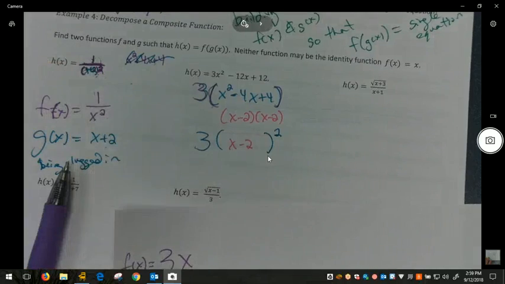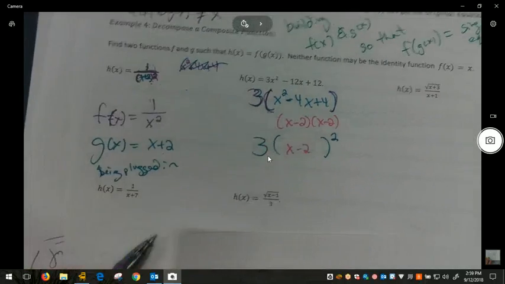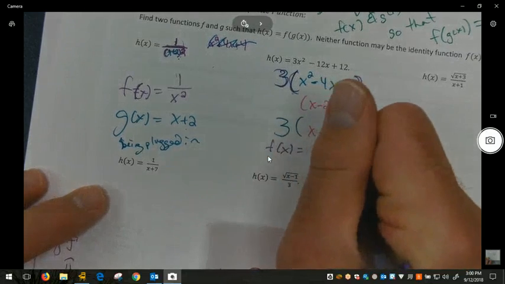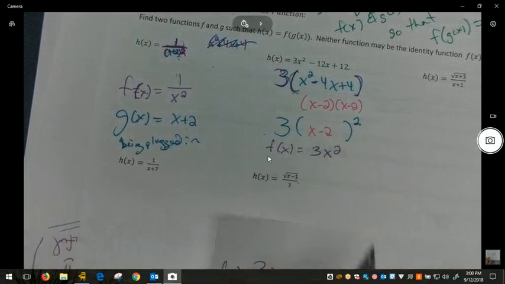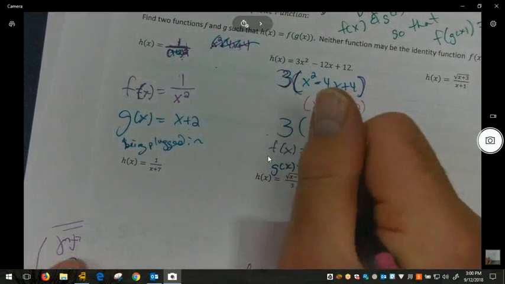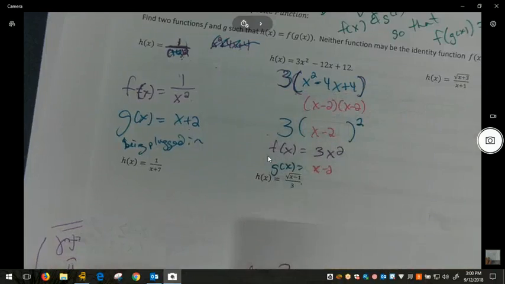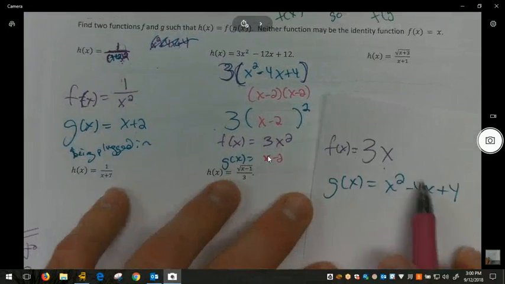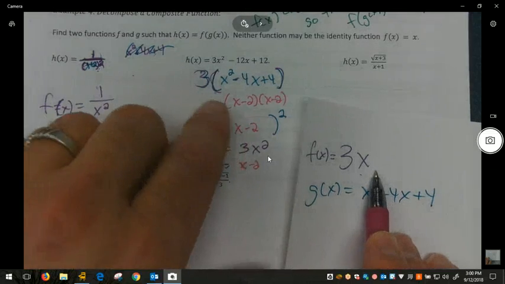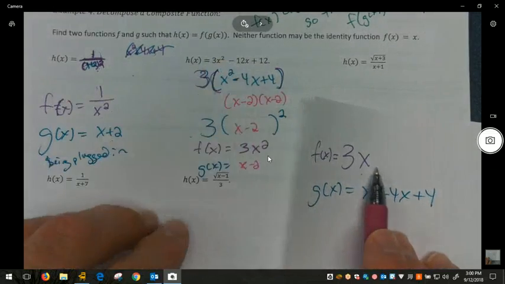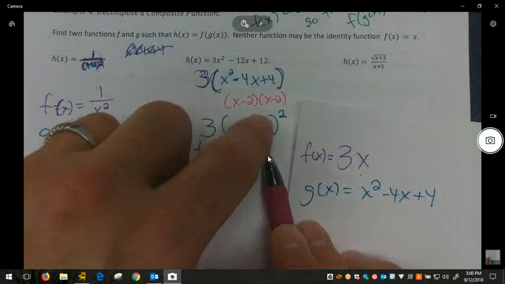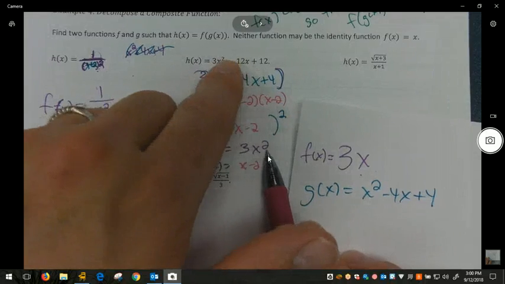So someone else may come up with this and say, let f of x equal 3x squared, 3 times something squared, and let g of x equal x minus 2. That's fine. Both of these answers work because when I plug this in here, I get this and I distribute it and get this. When I plug this in here, I get this. When I expand that and distribute the 3, I get this.